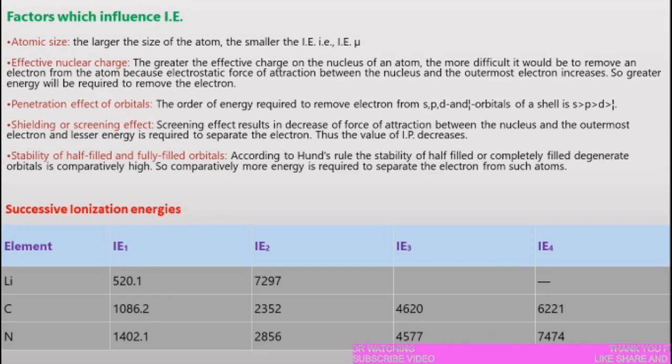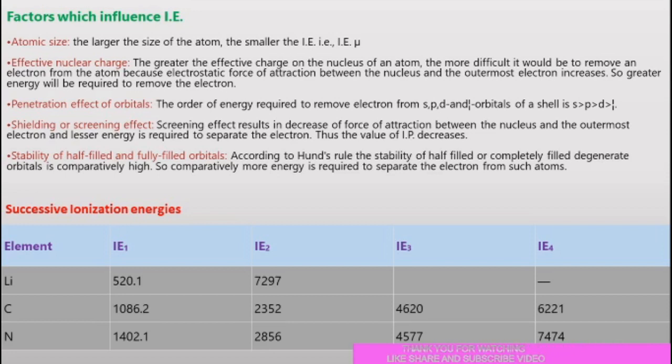Now we see the shielding or screening effect. Screening effect results in a decrease of the force of attraction between the nucleus and the outermost electron, and less energy is required to separate the electron. Thus the value of ionization potential also decreases. Now we see the stability of half-filled and fully filled orbitals. Consider a p orbital, which has a capacity of 6 electrons when fully filled, and 3 electrons when half filled.